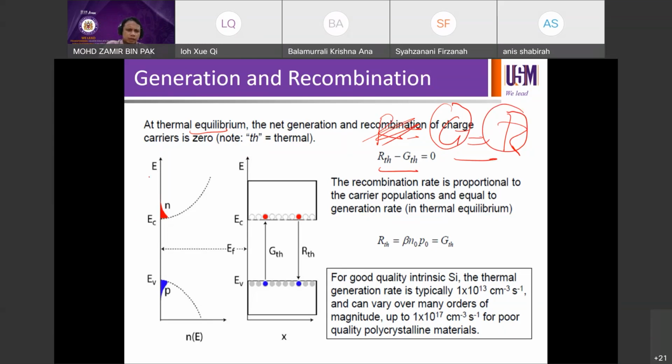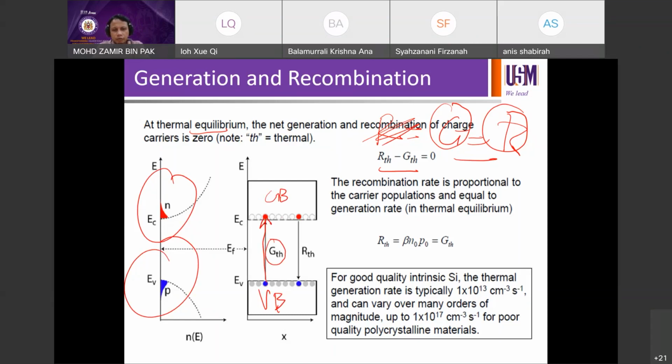And you can tell by looking at this, right? Whatever you generate means the carriers that are excited into your conduction band. Generation means generating free electrons from VB to CB. So this is the generation process.